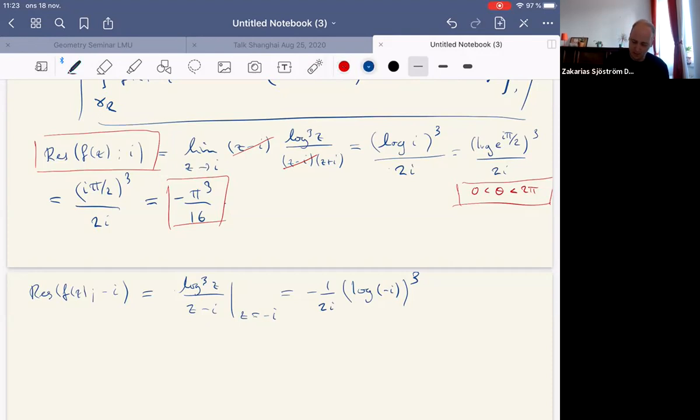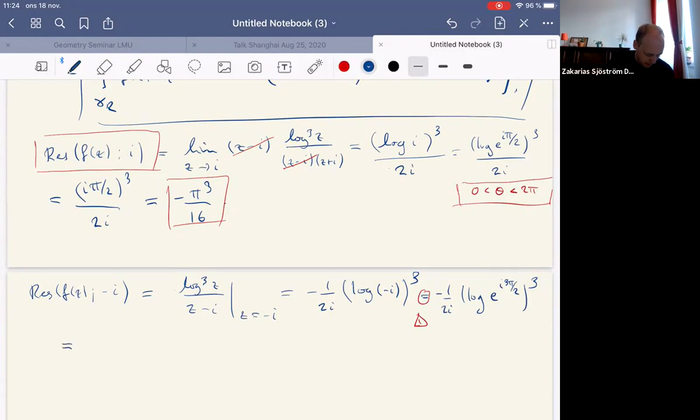So we have to be careful of this trap and write that this is equal to minus 1 over 2i times log, and then minus i will rather be e to the i 3 pi half, to the cubed. So just be slightly careful here to choose the right branch.